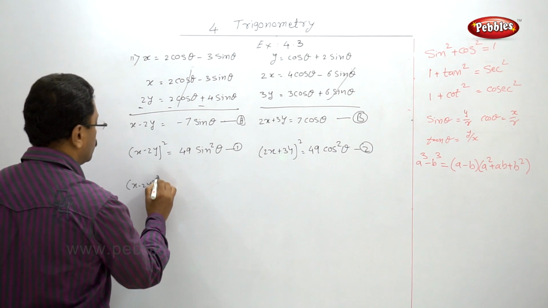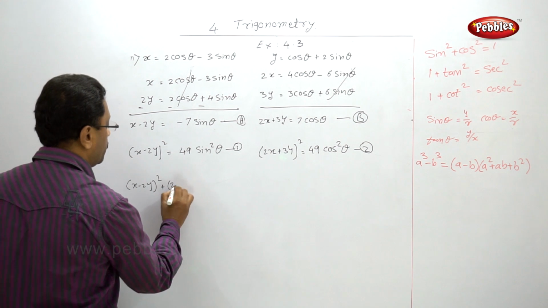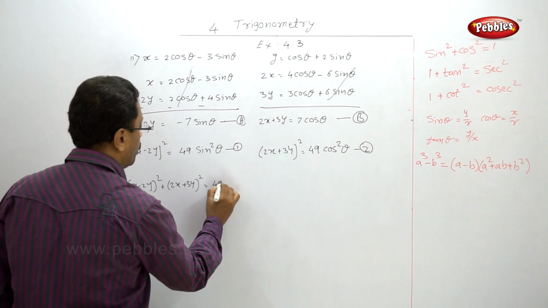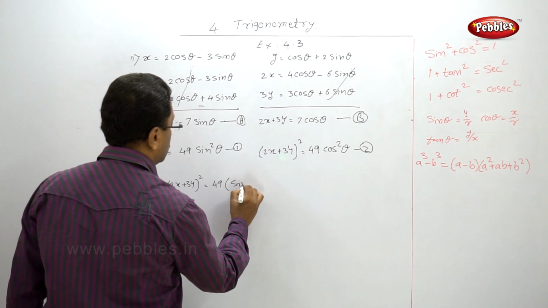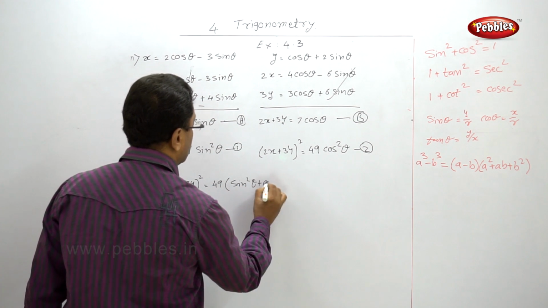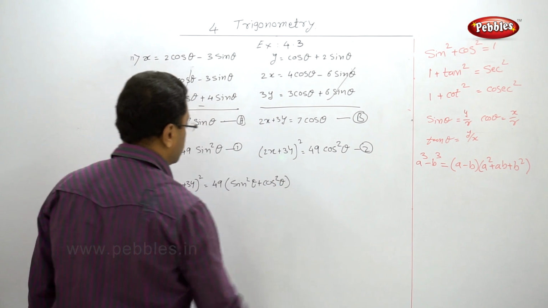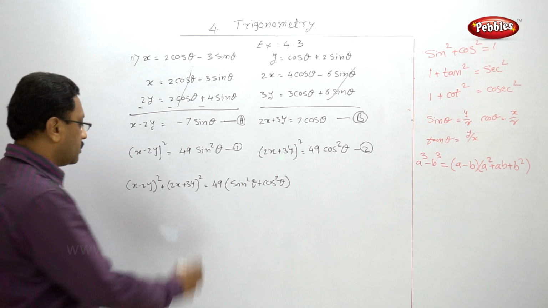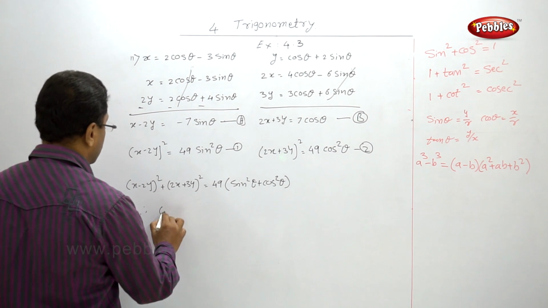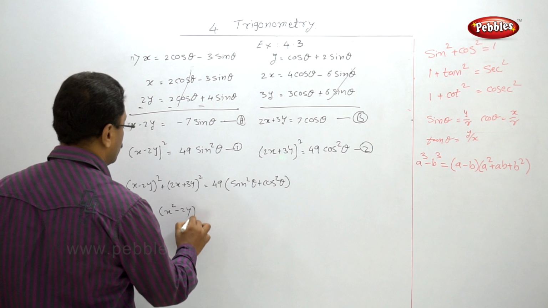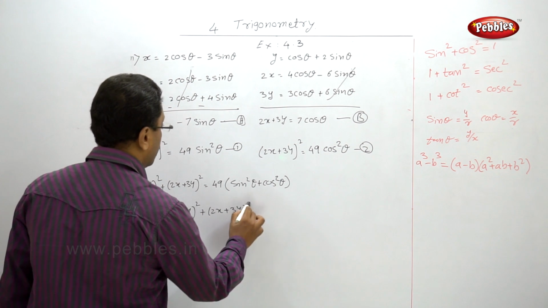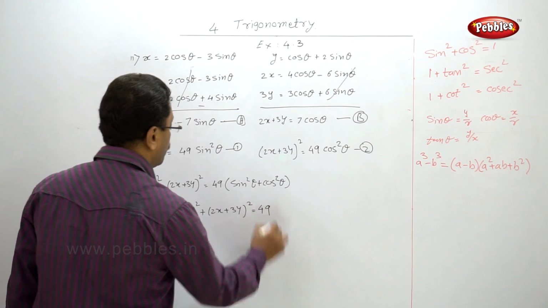(x minus 2y) square plus (2x plus 3y) square is equal to 49 into sine square theta plus cos square theta. Sine square theta plus cos square theta equal to 1. So finally I will get (x minus 2y) square plus (2x plus 3y) square is equal to 49.